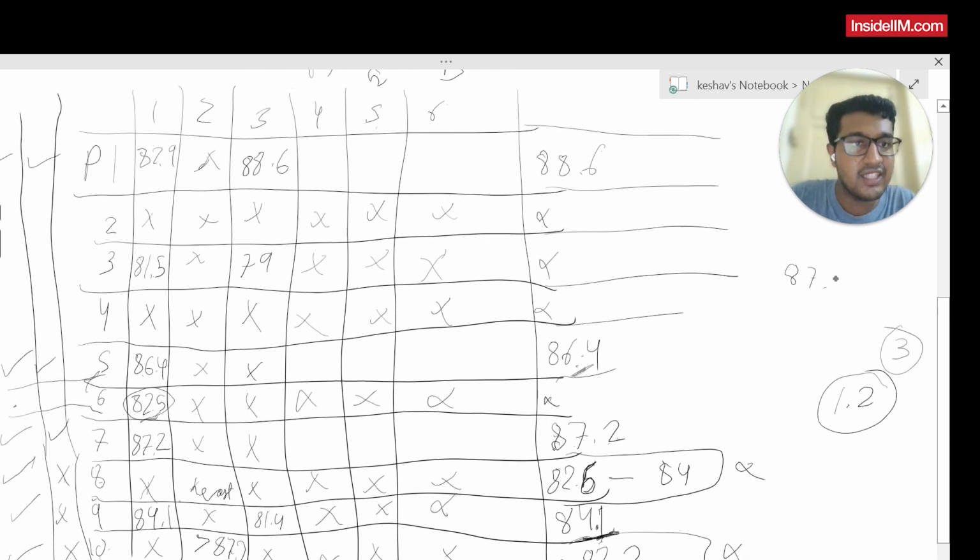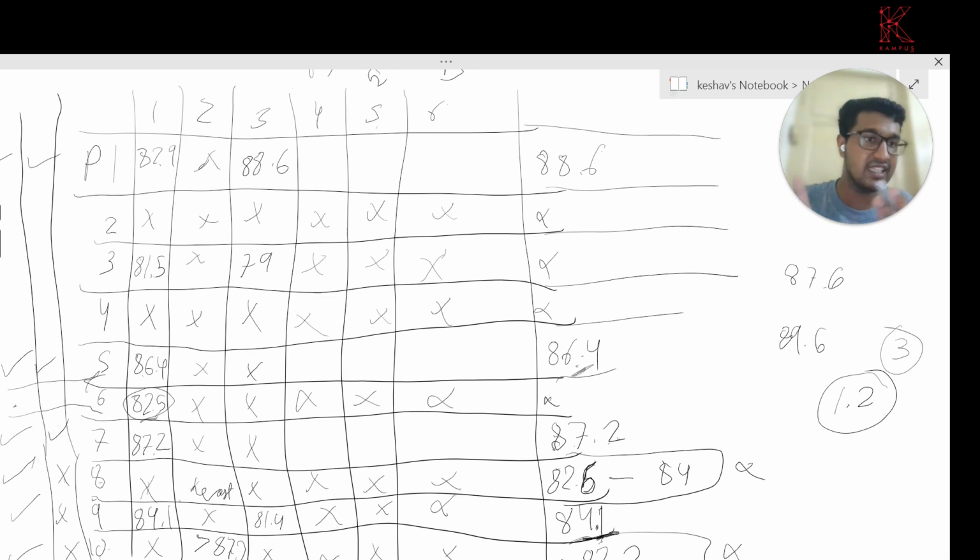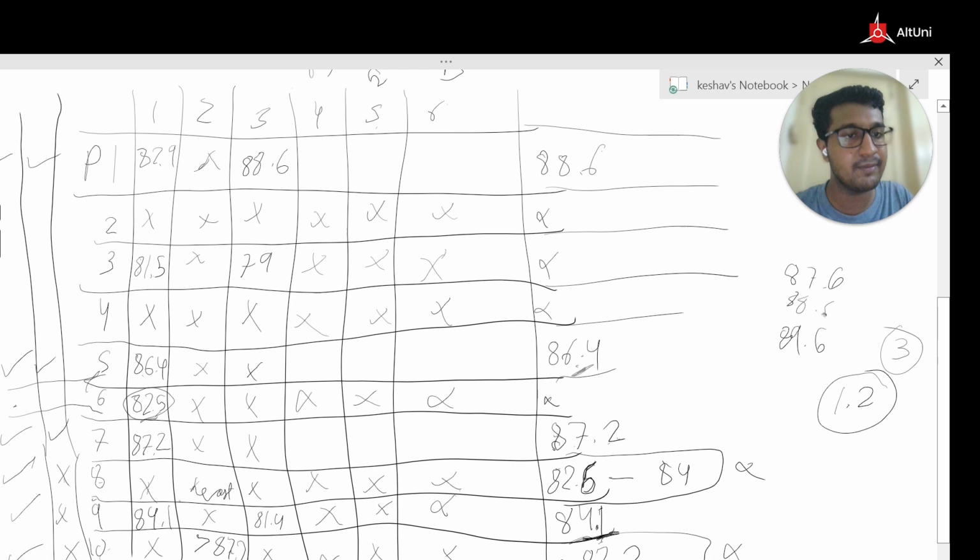So the other numbers must have been 87.6 and 89.6. And there's no information about the silver medalist, whether he improved his score or not. So I'm just assuming he didn't improve his score and his score was 88.6 only. So these are the three numbers I'm targeting.